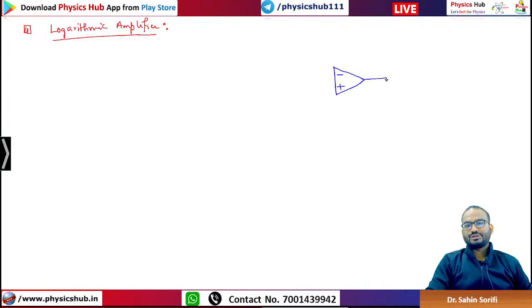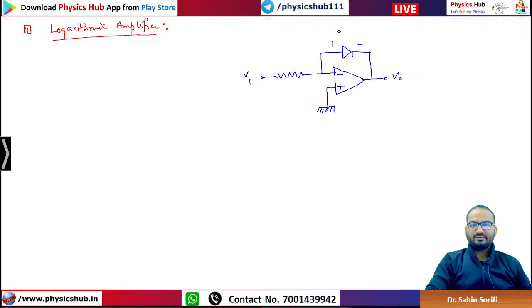Negative, positive. V0 to V1. Positive, negative. This is the logarithmic amplifier.